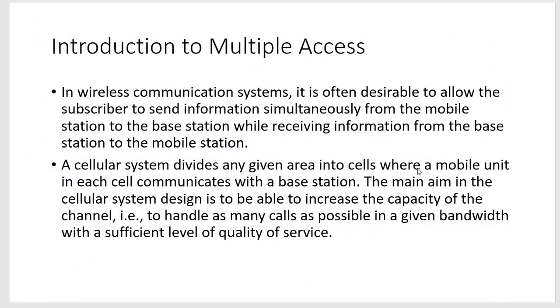So a cellular system divides any given area into cells, where a mobile unit in its cell communicates with the base station. So mobile stations or mobile phones can access the base stations or base station subsystem.